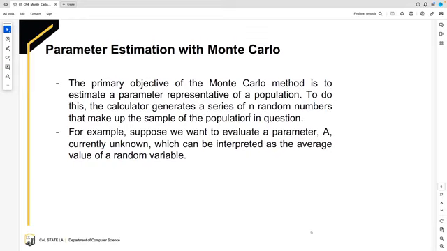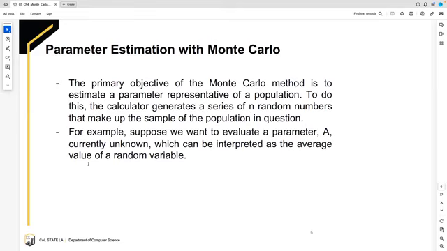So you have a big population and you just generate a much smaller set of samples. Based off of what you observe in your samples, you make some conclusions about the main population. Okay, so that's the brief introduction to Monte Carlo.